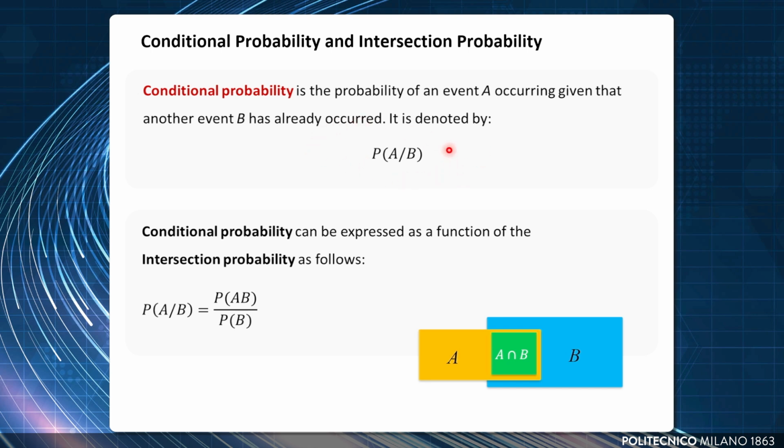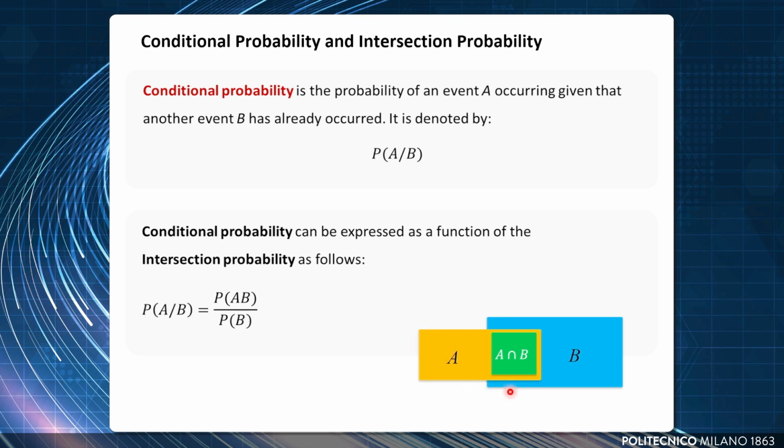Conditional probability is strictly connected to the intersection probability by this formula here. The conditional probability of A given B equals the ratio between the intersection probability of A and B divided by the probability of B. Again, this formula can be quite well understood in the set notation.